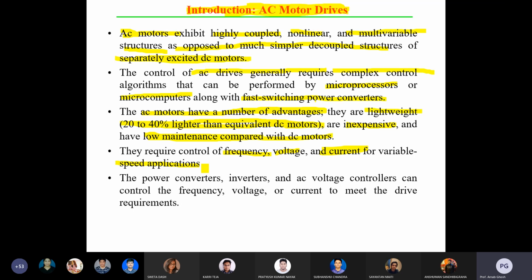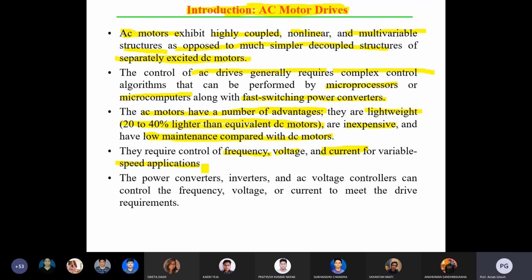You can recall this from the power electronics subject: one is the AC voltage controller, the other is the cycloconverter. In an AC voltage controller, you can only vary the magnitude of the converter output; you are not able to vary the frequency. In a cycloconverter, both the output voltage magnitude and the frequency can be varied.